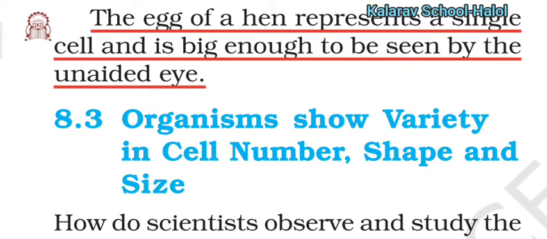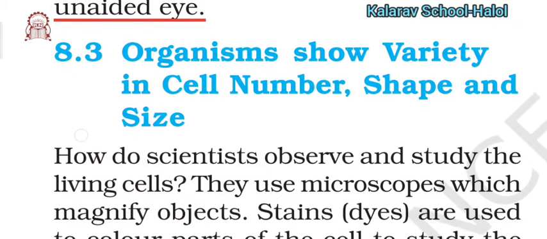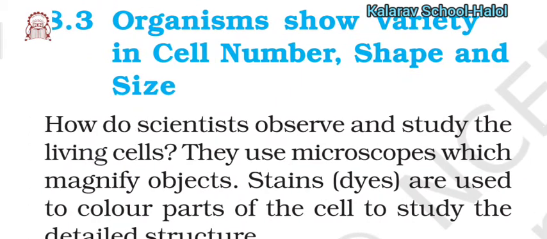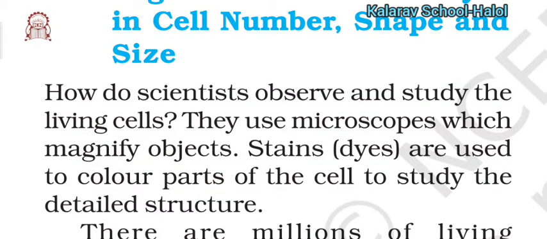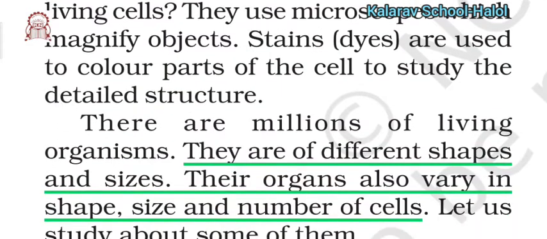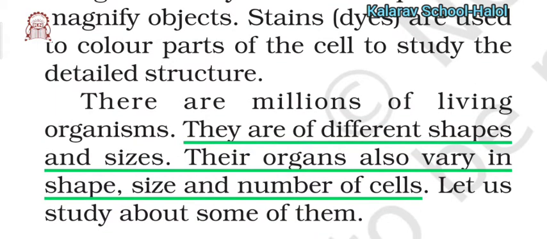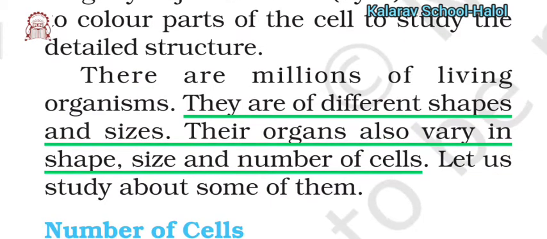Organisms show variety in cell number, shape and size. As already told, cells are of different shapes, different sizes or different designs. There are millions of living organisms. They are of different shapes and different sizes. Their organs also vary in shape, size and number of cells.